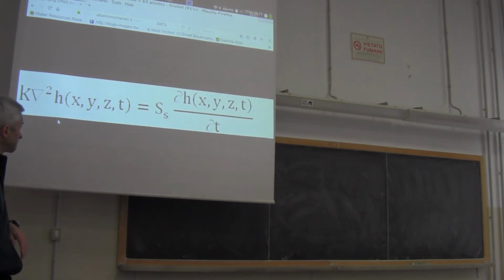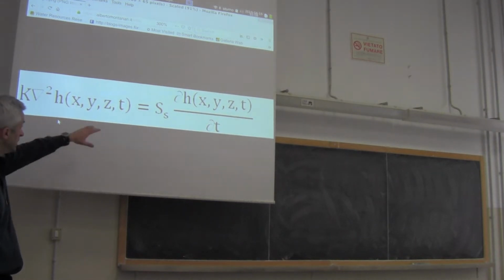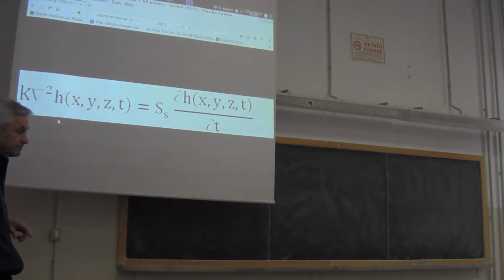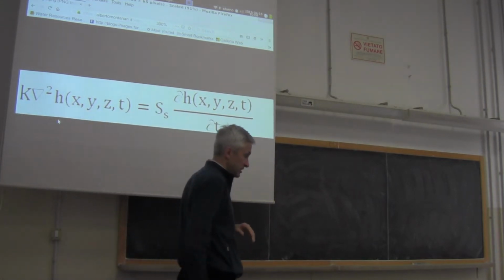Now, if we refer to a steady flow equation, if we refer to steady flow, we can eliminate the partial derivative with respect to time. So the right-hand side becomes 0.